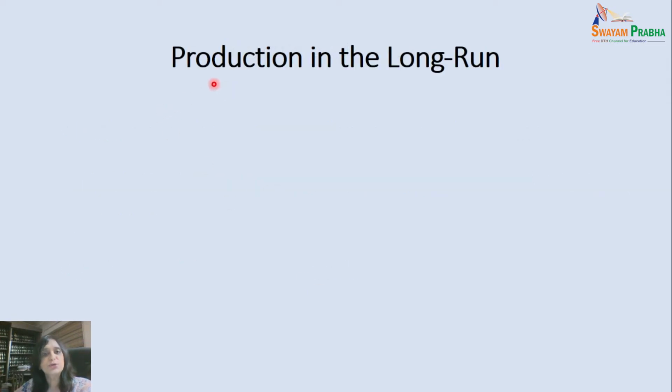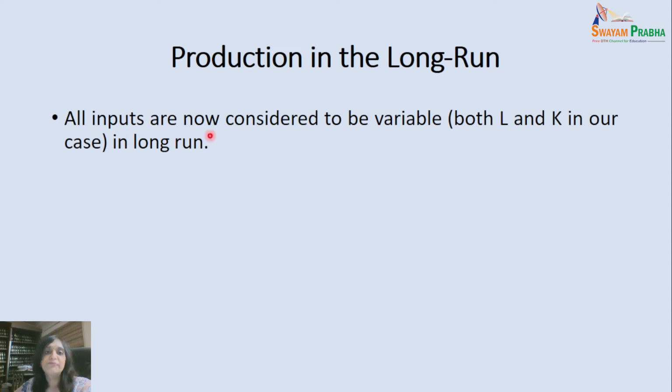As I just told you, this lecture will be concentrating on production in the long run, wherein we are considering that both the inputs, that is labor as well as capital, have become variable. That is, a firm is able to change the number of labor as well as the amount of capital.